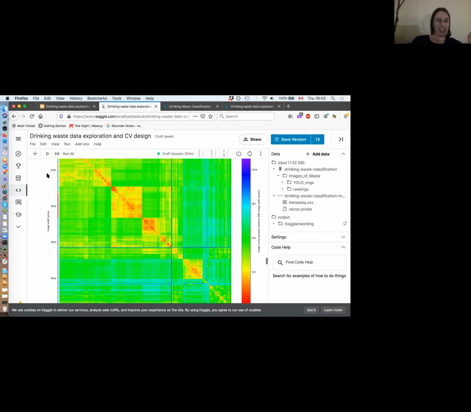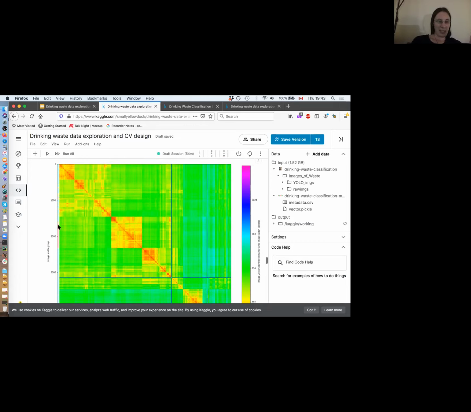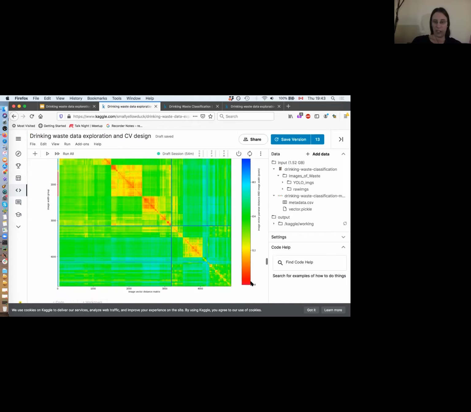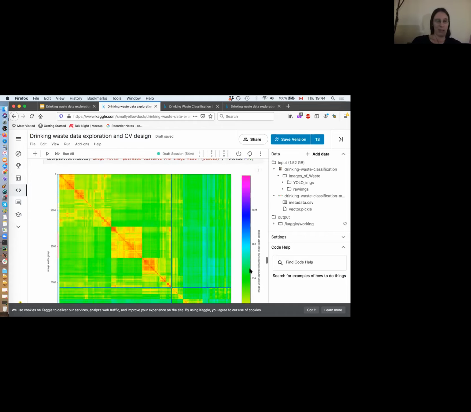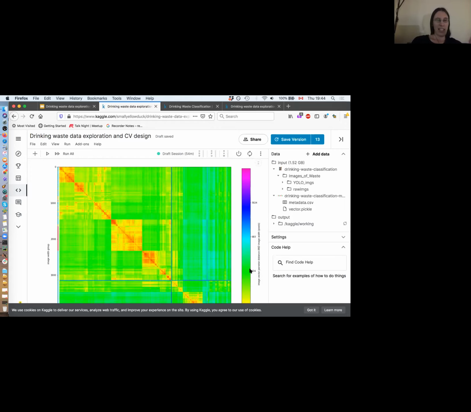Now, the interesting thing is that there's a bunch of images here which have the same width, the red corresponding to 384 pixels wide. Those were the images that came from either the iPhone or the other camera.